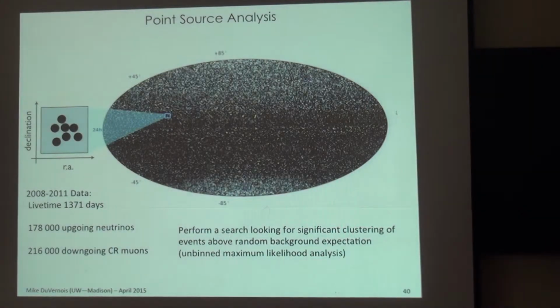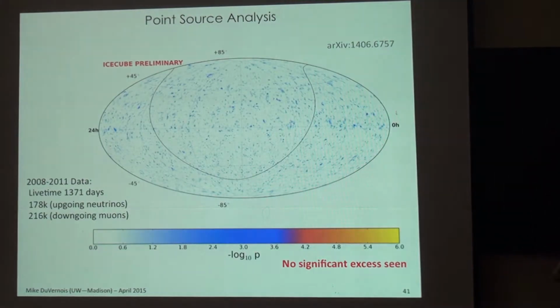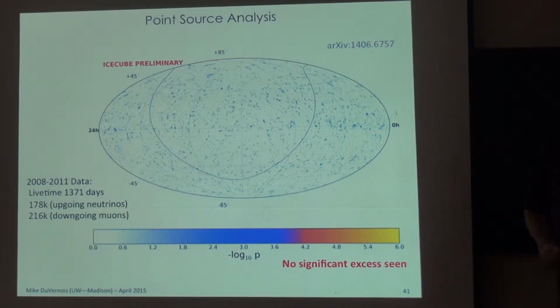And that's the upward going neutrinos, 178,000 of them, as well as the downward going cosmic ray muons plotted on the sky.